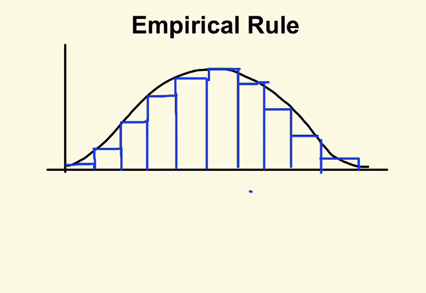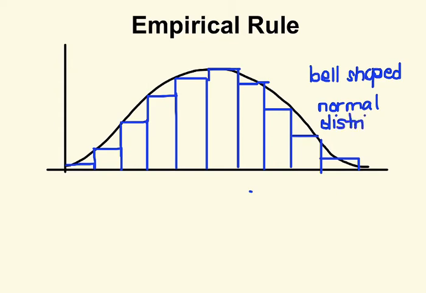Let's write that down. This is bell-shaped, or normal. And this is a normal distribution.